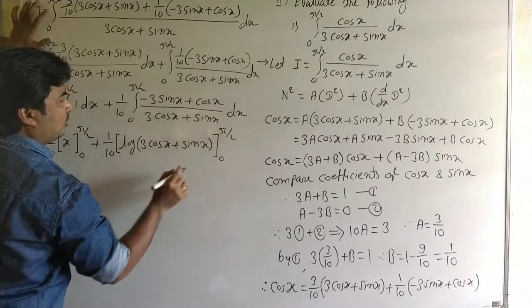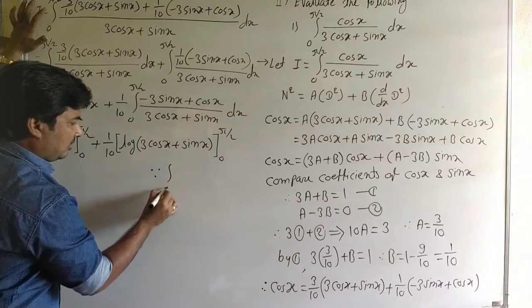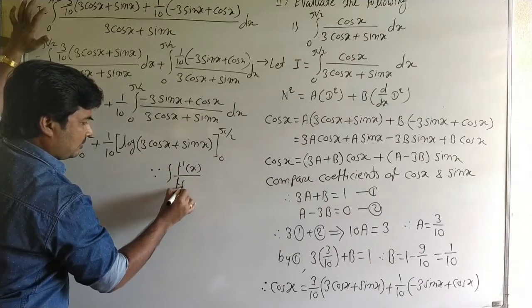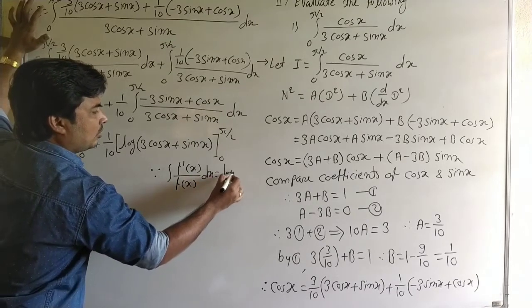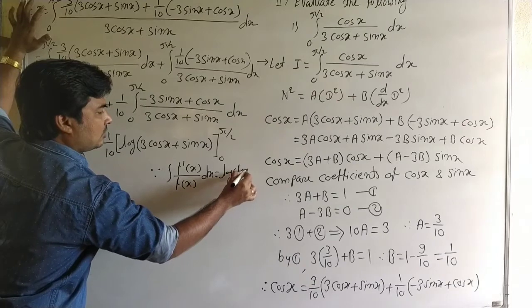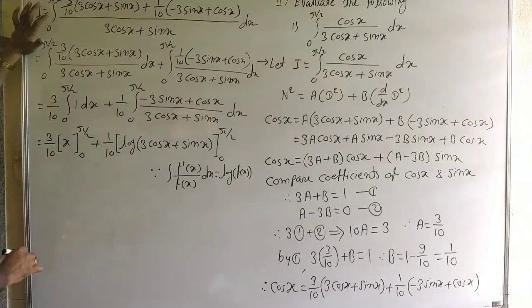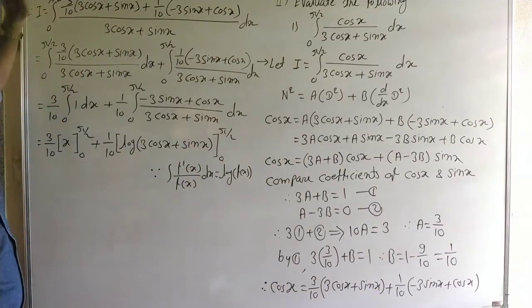See carefully, here we use the integral of f dash of x upon f of x dx is equal to log of f of x plus c. Now it is a definite integral, so it is not necessary to write plus c.